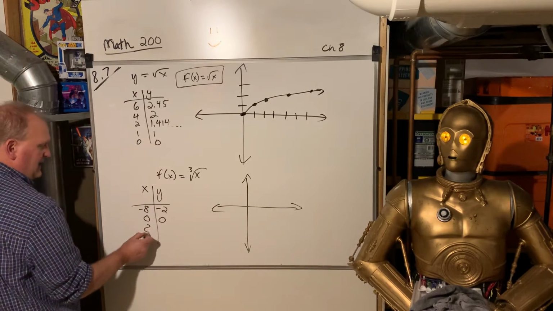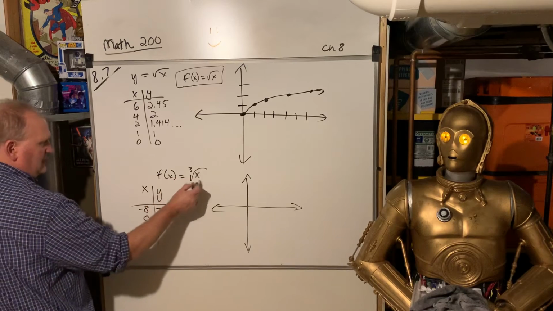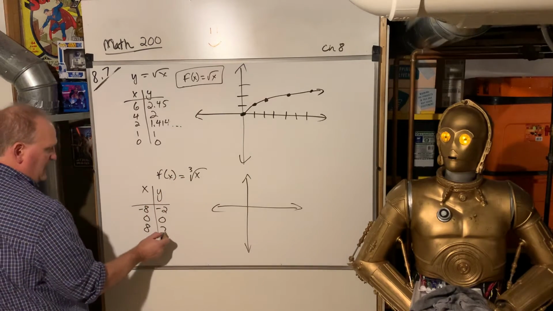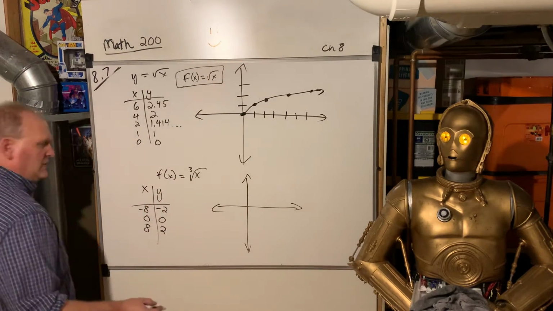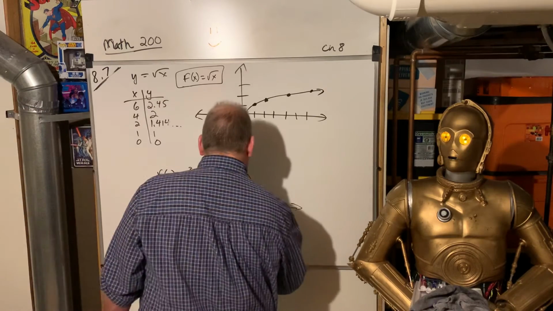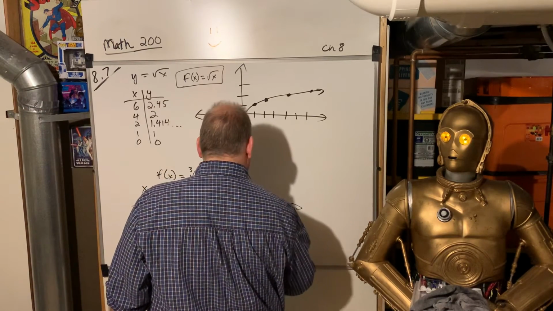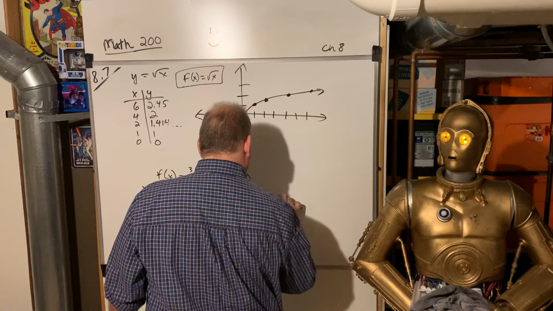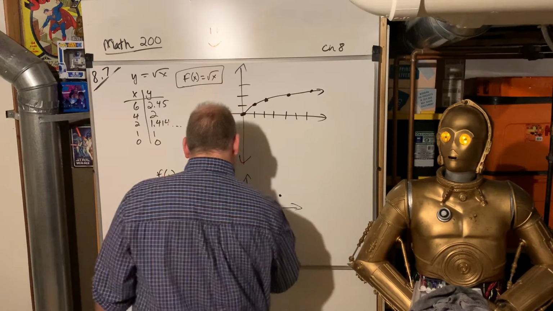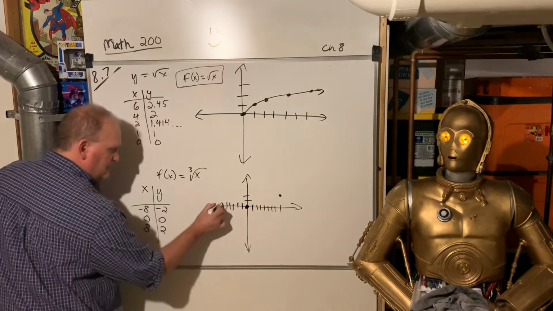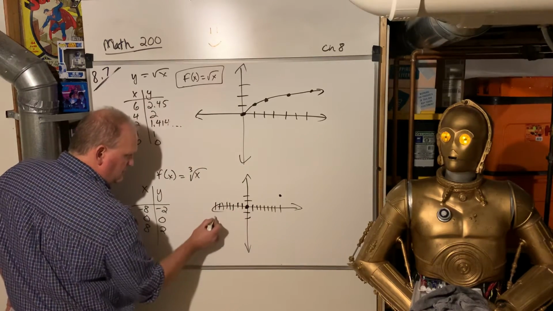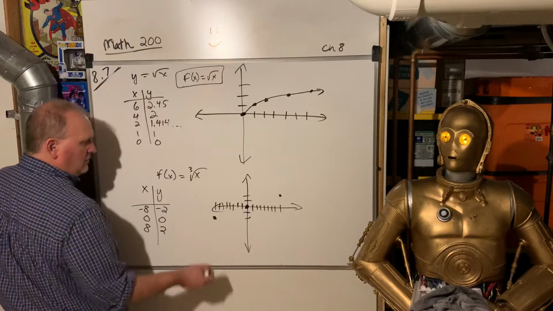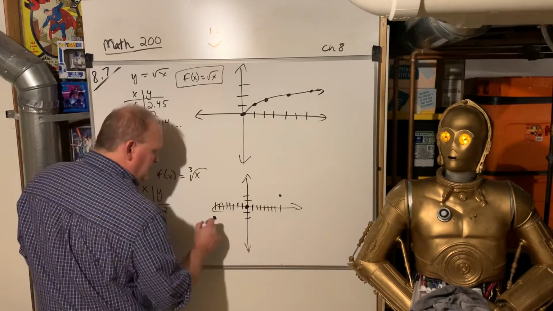If I take positive 8, the cube root of 8 is positive 2. And so when we look at this, initially, if you just do those 3 points, that's not really enough. We would have to do more for you to actually get the feel of it.